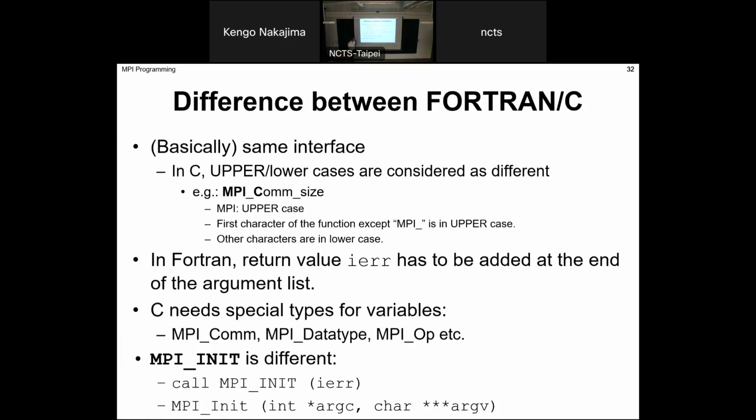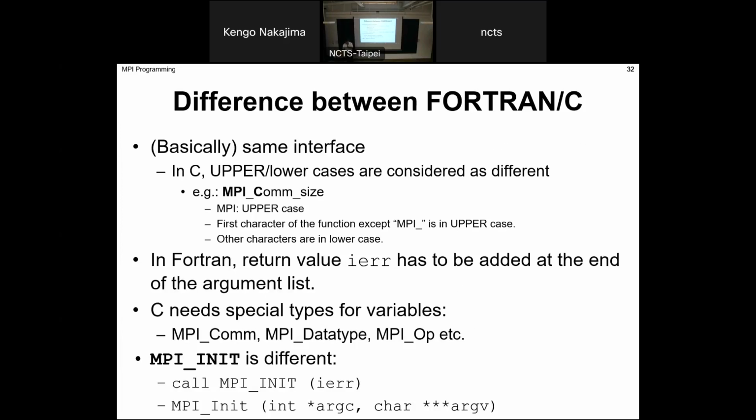This slide describes the difference between Fortran and C. Basically, they have the same interface. But in the C language, upper and lower cases are considered different, while in Fortran there is no difference.